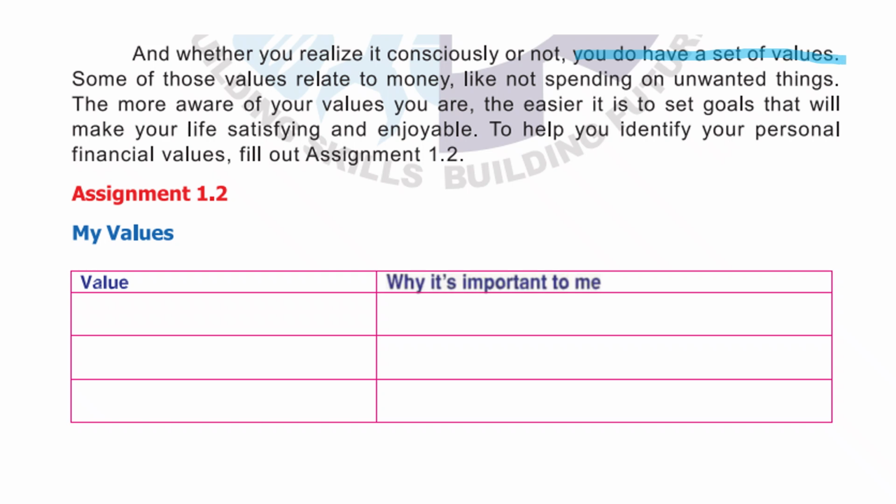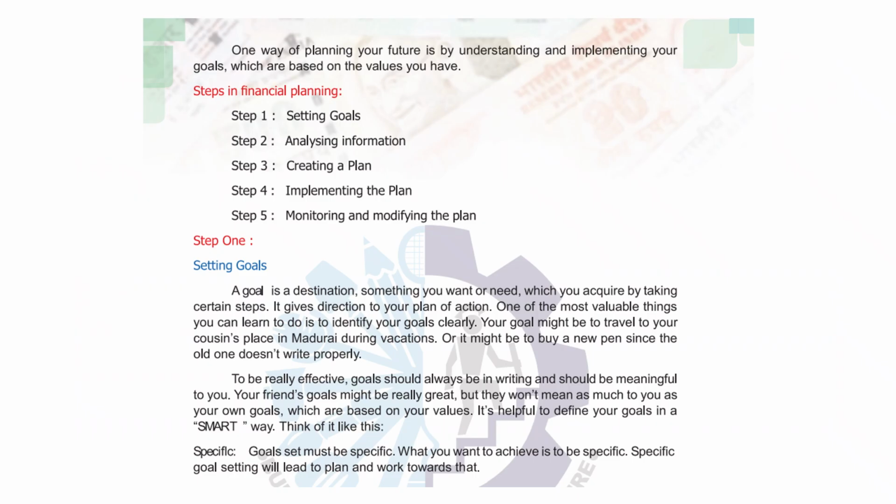Either they are related with money or not related with money, like spending money, saving money, unwanted things. Everything counts in your values. The more aware you are of your values, the easier it is to set goals. जितना आपको अपनी वैल्यूज पता है उतना easily आप अपना गोल सेट करोगे. That will make your life satisfying and enjoyable.